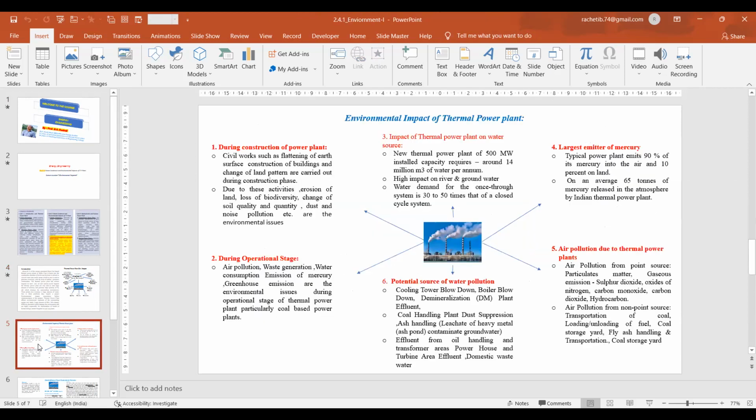Then how they impact the surroundings at various stages: during construction of the power plant, during the operational stage, then the third one is water source, fourth is mercury, fifth is air pollution, and sixth is water pollution. So many pollutions are being seen. One more is noise pollution, which we will cover today.